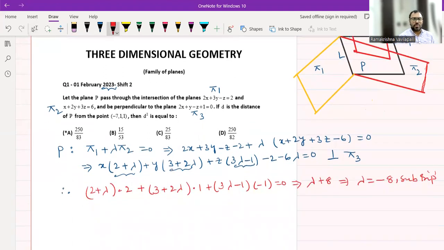Substitute lambda equal to -8 in plane P. Here you substitute, you will get -6x, minus 13y, and minus 24 minus 25z.